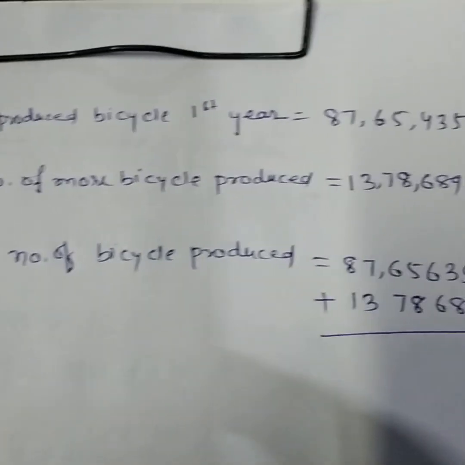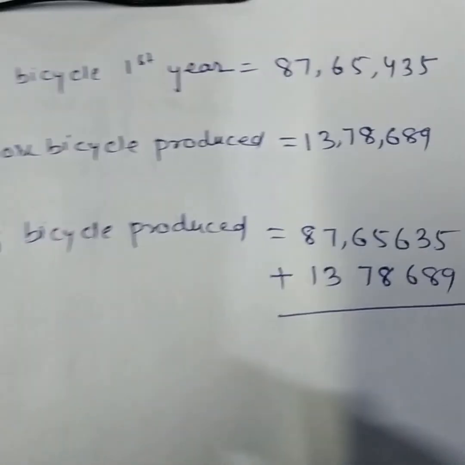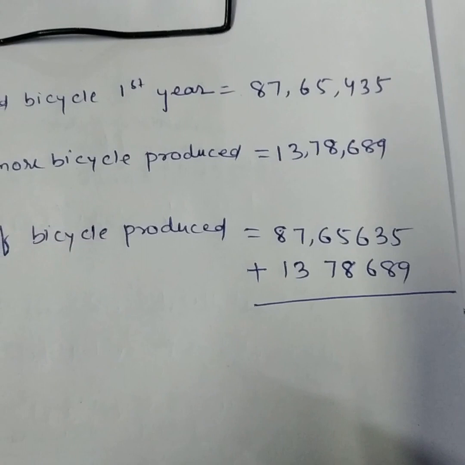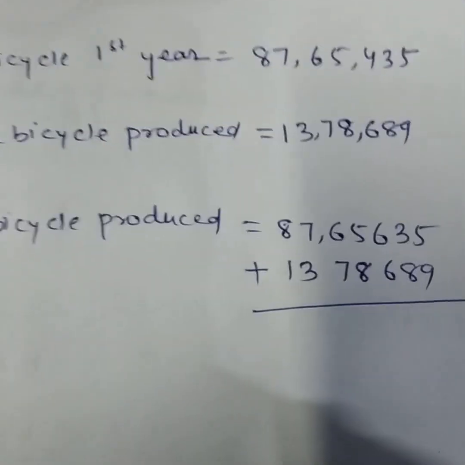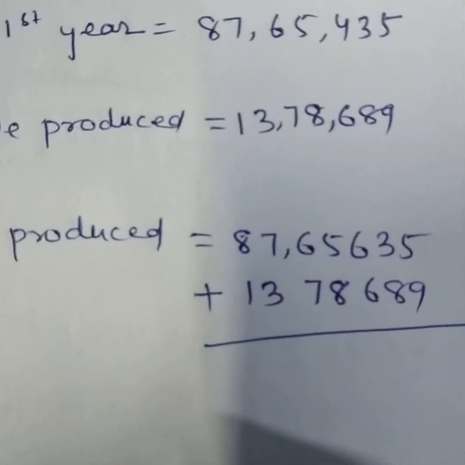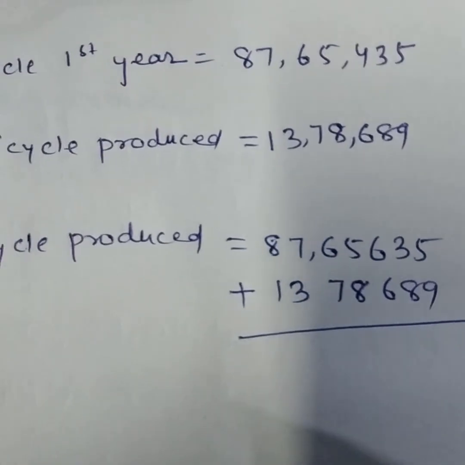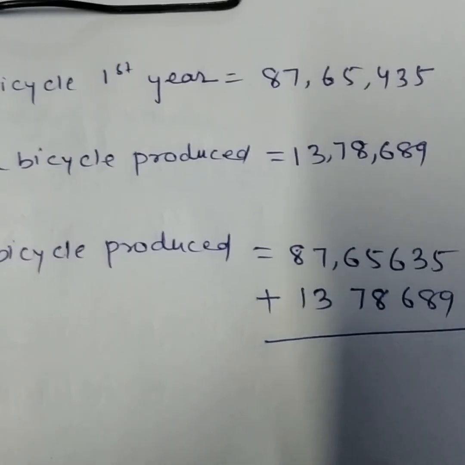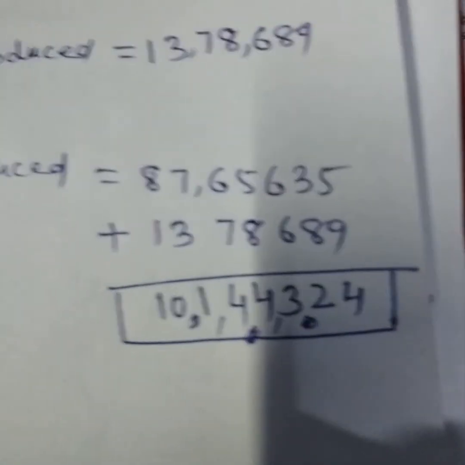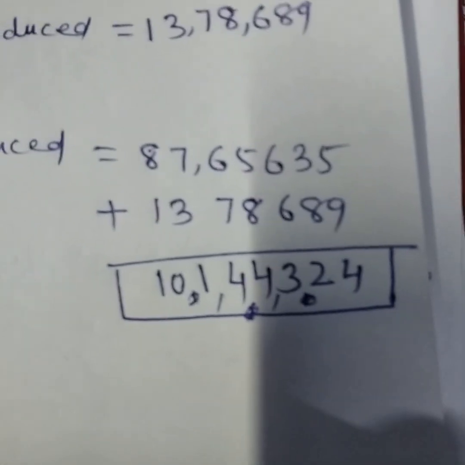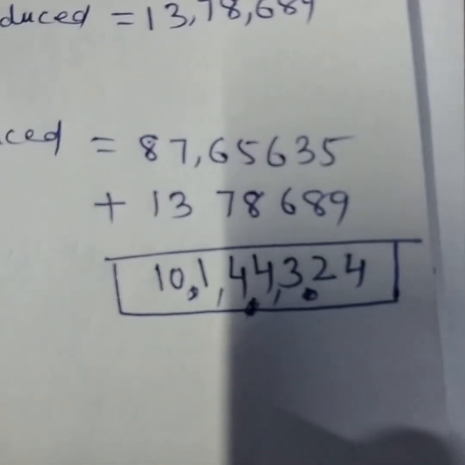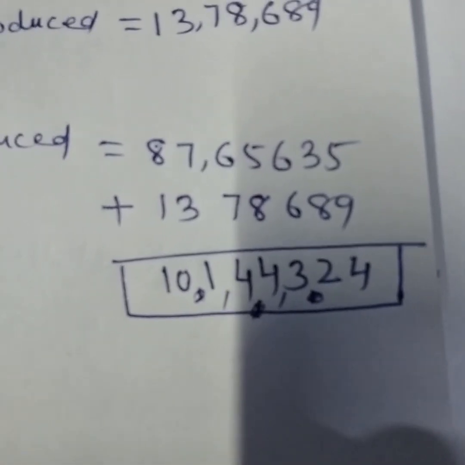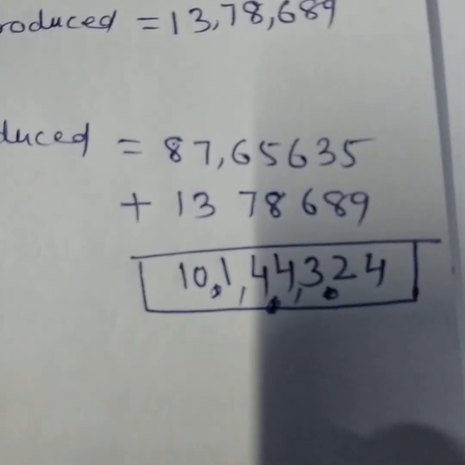Second year production equals 87,65,435 plus 13,78,689. Now we have to add to find out the production of the second year. The number of bicycles produced in the second year is 1 crore 1,44,124 bicycles.